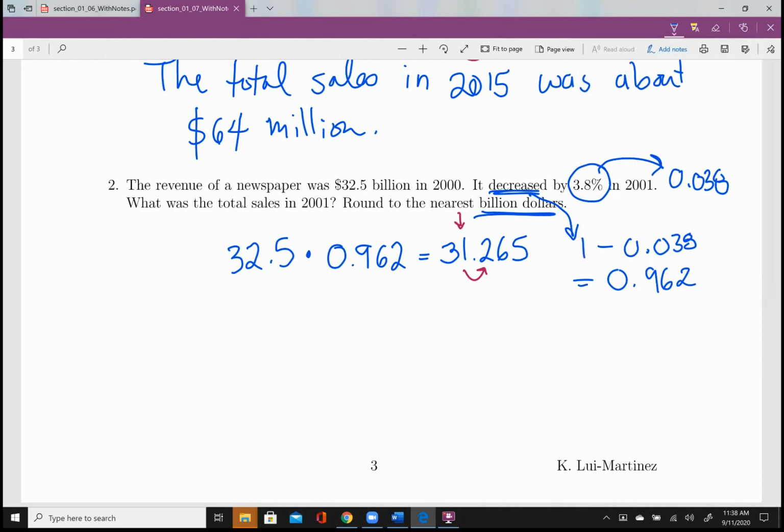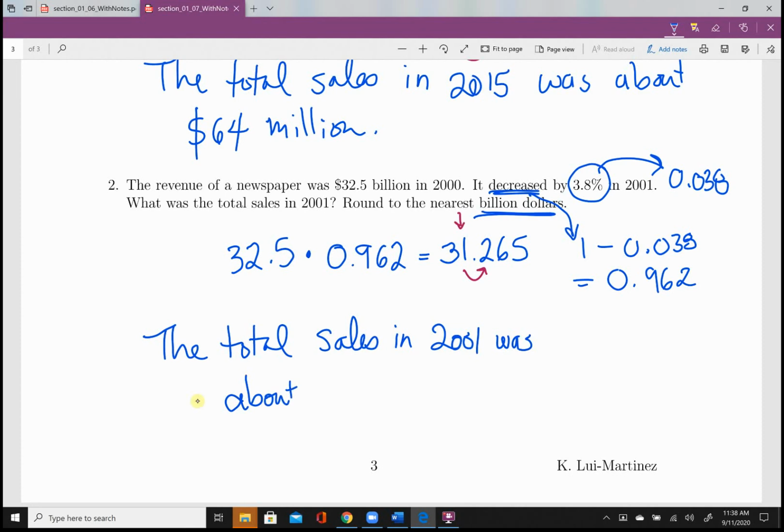And let's go ahead and write our concluding sentence. The total sales in 2001 was about $31 billion. And there you have it.